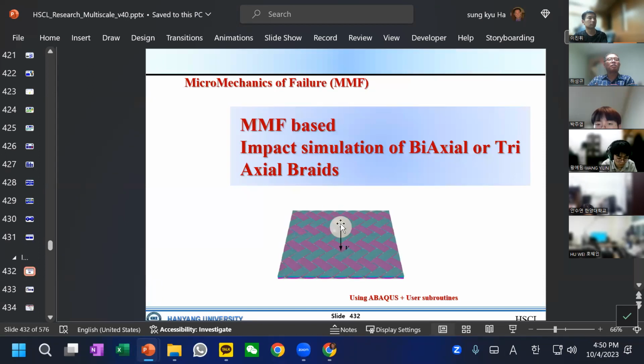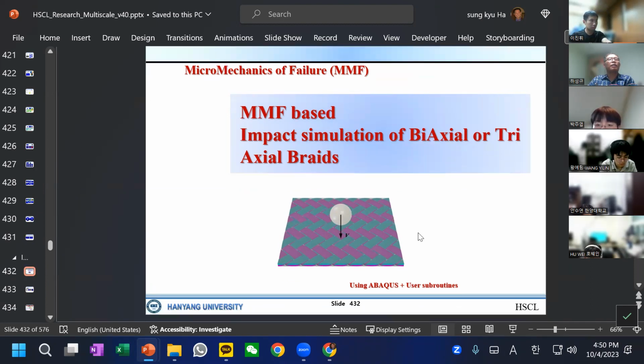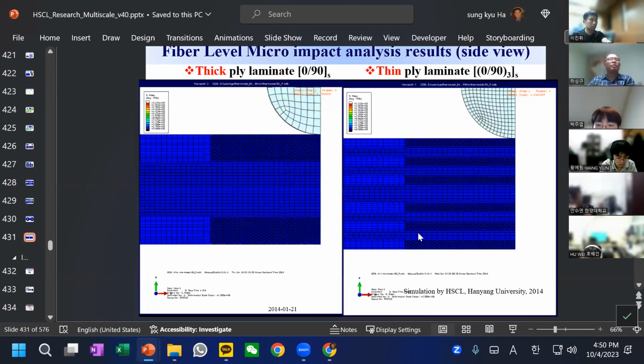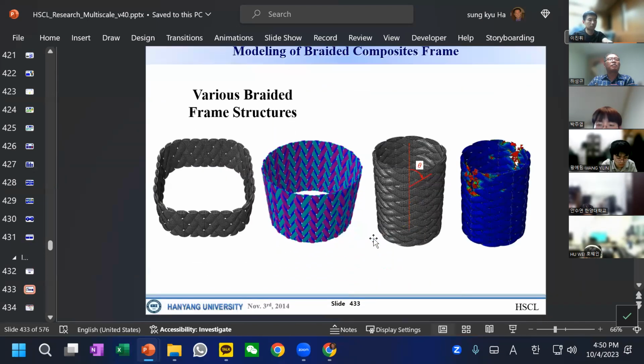Now we'd like to understand how this structure can be damaged, like the wind turbine blade, the aircraft, the automotive, even the pressure vessel. Or we have a bullet, and we'd like to understand the behavior of this kind of formulation.